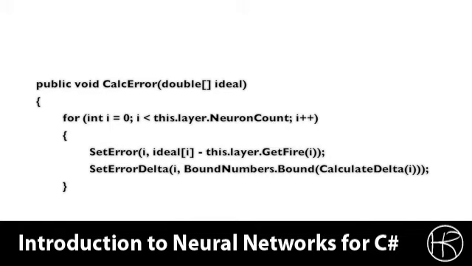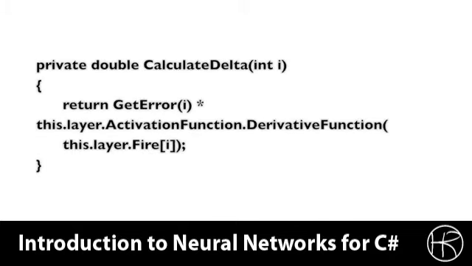The error delta is what is going to actually change when we get around to actually learning how to update this layer. Let's see how that delta is calculated. Here we multiply the error by the derivative of the activation function passed in the amount that the neural network fired on. This is really the heart of the backpropagation algorithm.